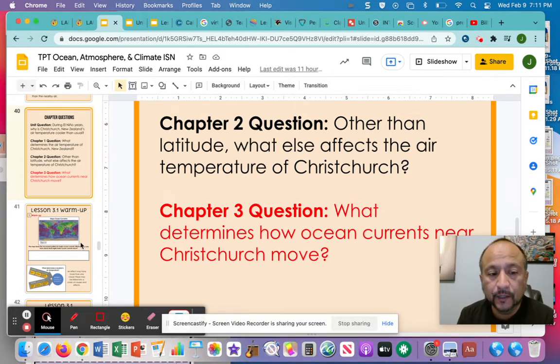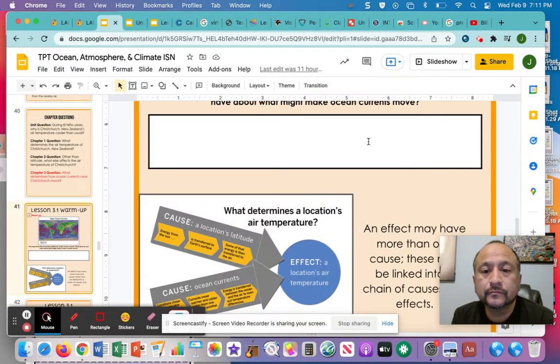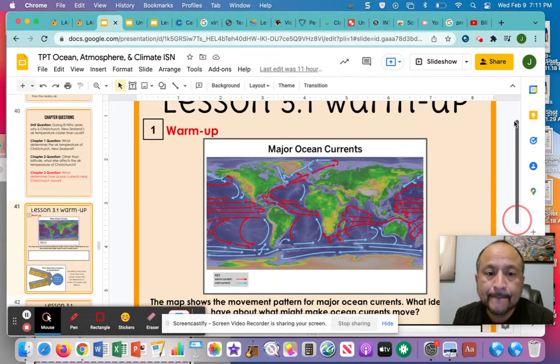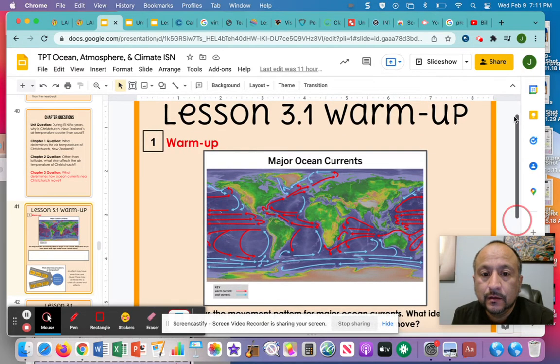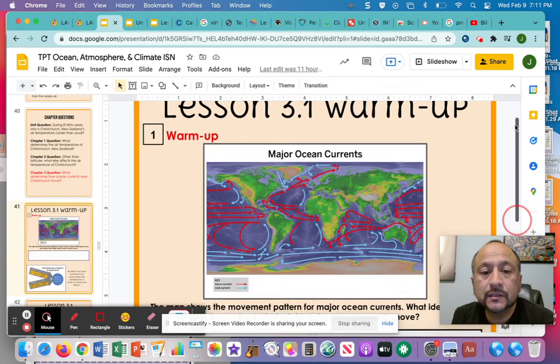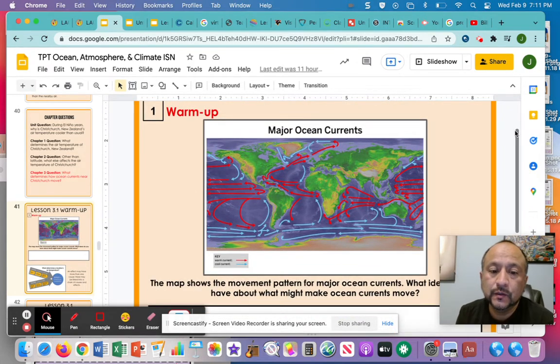So for our warm-up, we are looking at a major ocean current map. This is our warm-up, and it shows the warm currents as well as the cool currents. Our question is, what determines how ocean currents move?